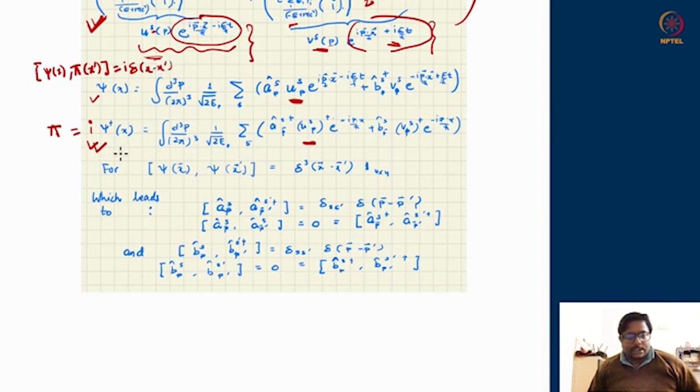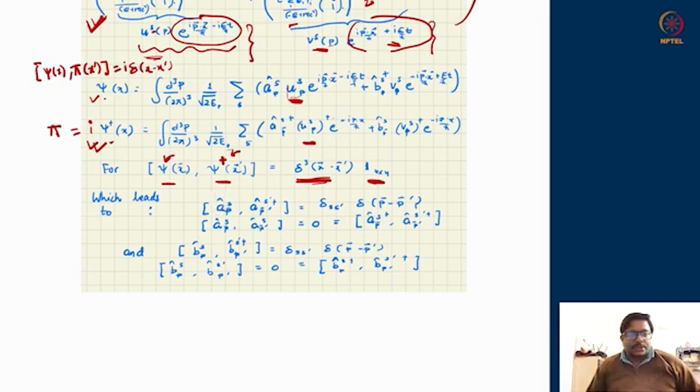So there should be a non-trivial commutation relation between psi and psi dagger, which should therefore be delta functions up to an identity 4x4. Why this identity 4x4? Because all the time we are going to talk about this field not as a single operator, but as a field coming with a structure commensurate with the 4x1 vectors which are appearing in the mode functions as well. So this is the structure we are going to look for.